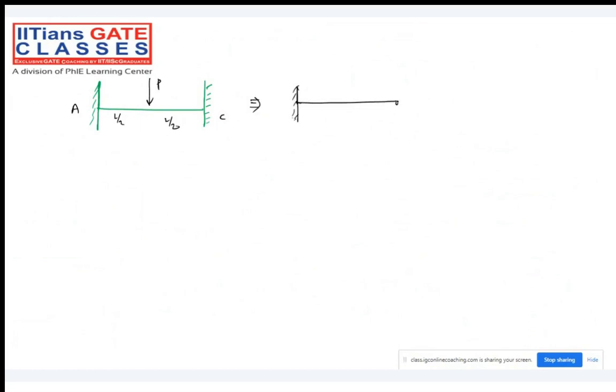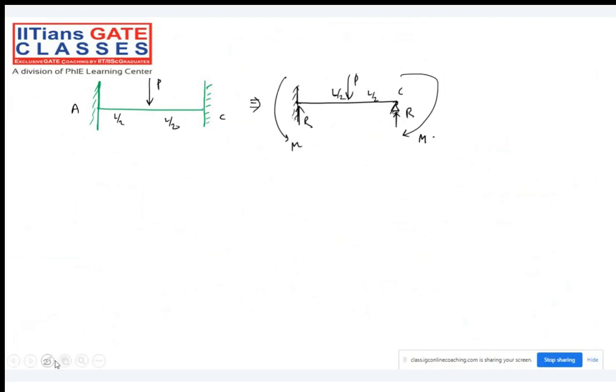There is a support at point C, and there is some kind of moment that is being applied. Let's suppose this reaction is R, and there is a moment M. And of course, we have the load P also at a distance L by 2, L by 2. So I can make this figure like this.